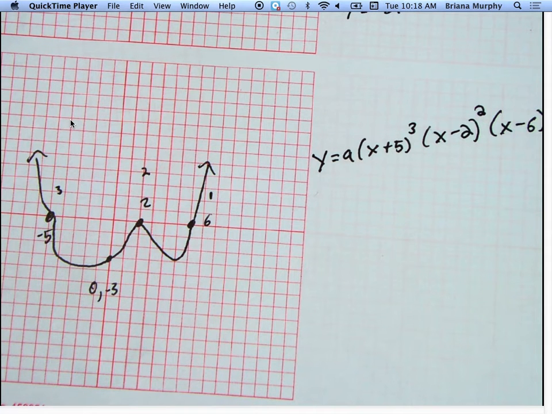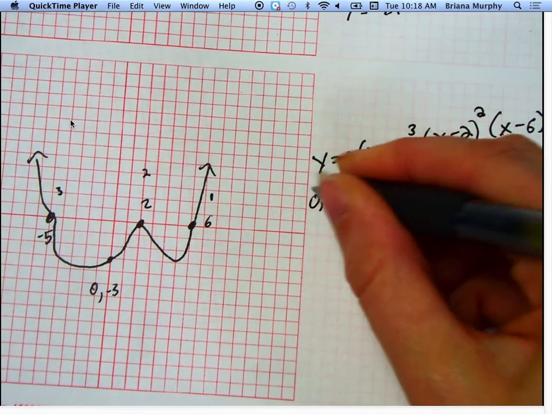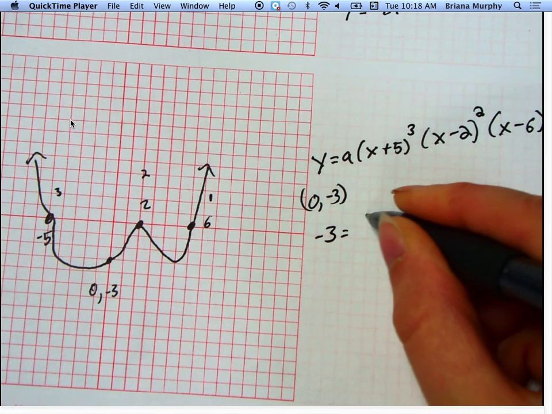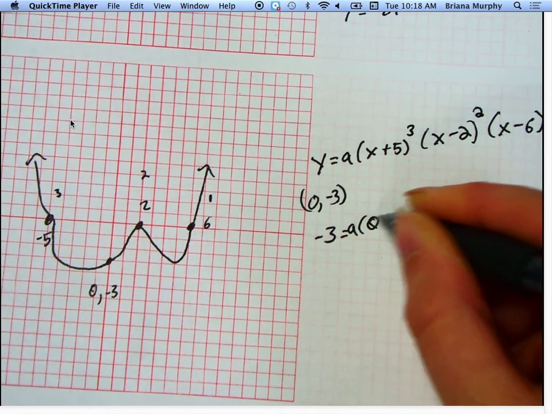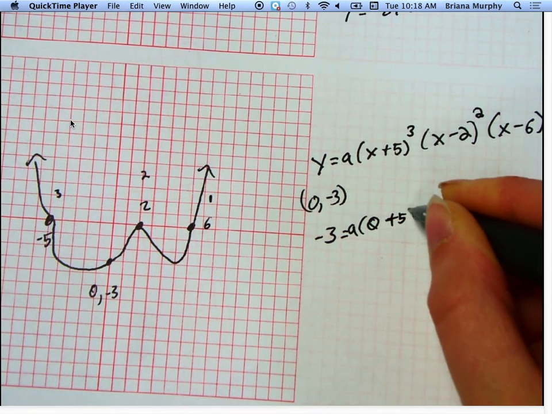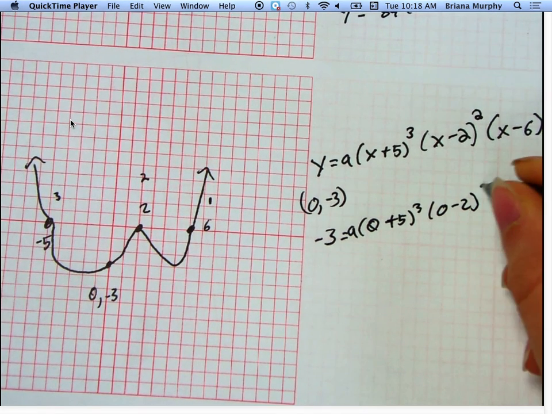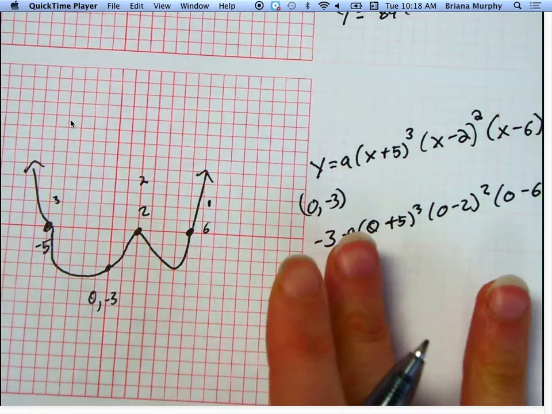We're going to have one of each on the homework. Okay. So what's my point? My point is 0, negative 3, right? So negative 3 equals a times 0 plus 5 cubed times 0 minus 2 squared times 0 minus 6.